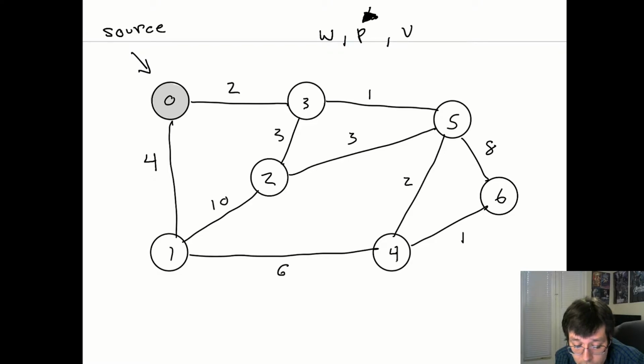So what we're going to do is update what the fastest way to get to those two vertices are. Initially, we make the assumption that all vertices take an infinity amount of time to get there, okay? So I can even go ahead and put in here infinity for all of them.